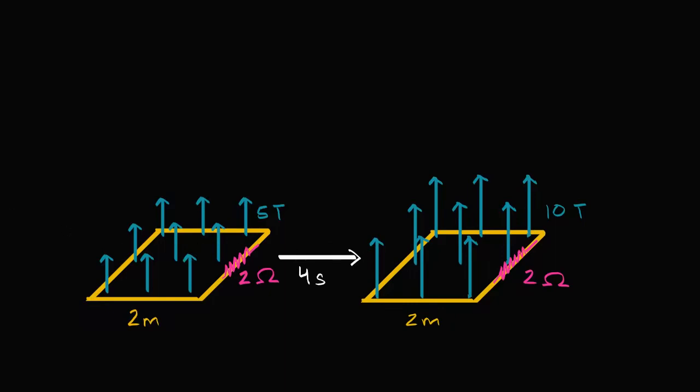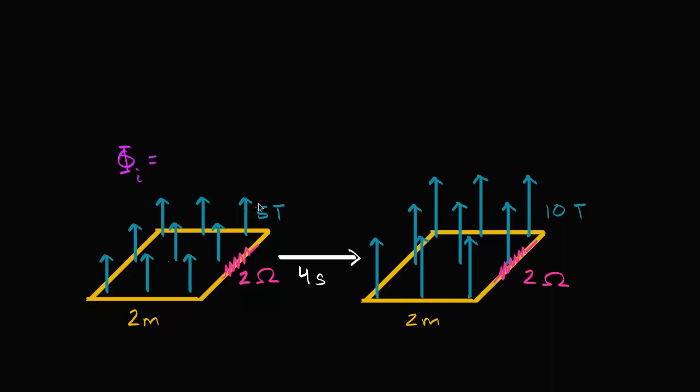So our initial flux, let me write it over here. So flux, let me just do it in a different color. And at any time, if you are so inspired, I encourage you to pause the video and figure out what our change in flux is. So our flux initial is going to be the constant magnetic field.